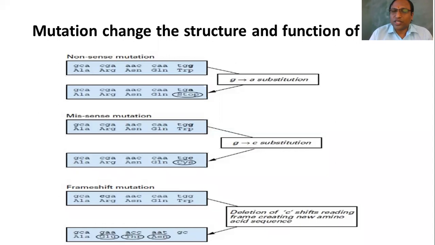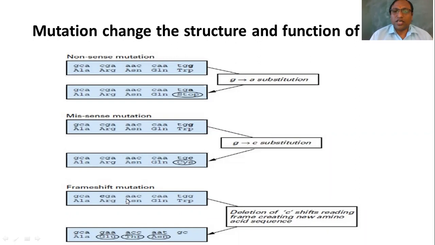And frame shift mutation, that is, instead of reading in the same frame, either by deletion or by insertion, they can have a change. In this particular example, the deletion of the C shifts the reading frame, creating a new amino acid sequence. In place of C, it is being changed.